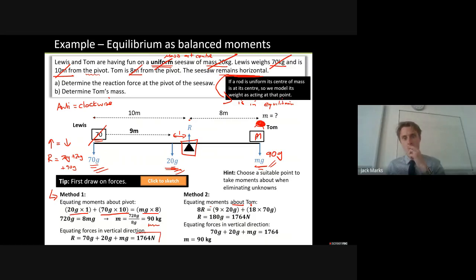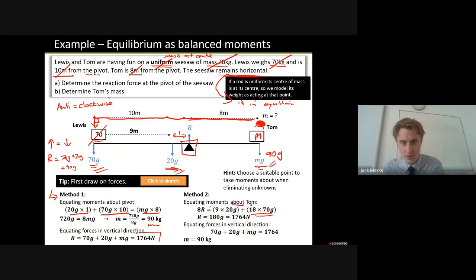So in other words, we can go here and we can think of how far away everything is from Tom here. Well, that is 18 meters, and it's perpendicular to 70G. So where's that on here? There you go. 18 times 70G anti-clockwise. This is from Tom's perspective. We can do the same with the mass of the ladder and its weight.